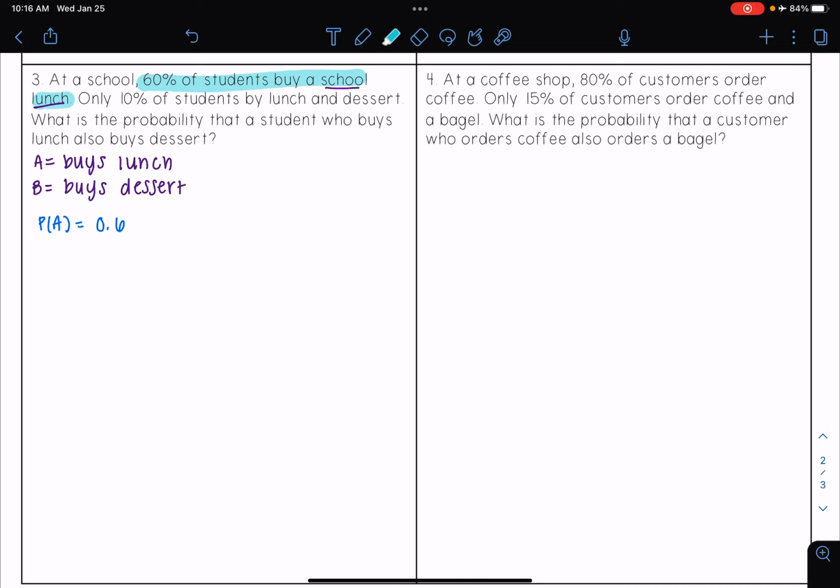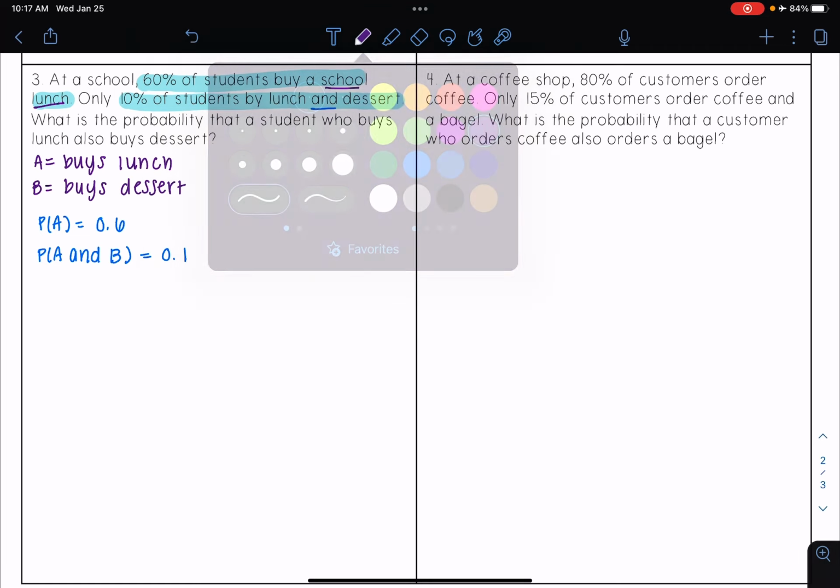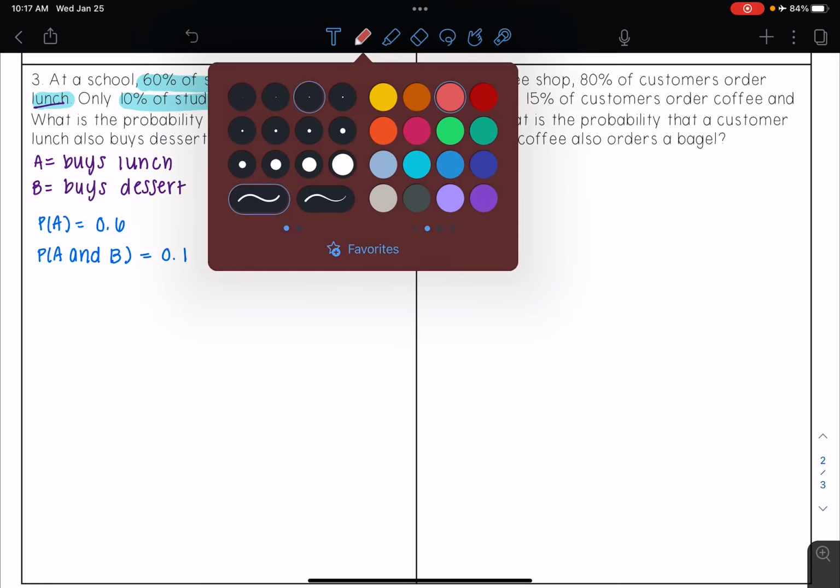I also have the probability that 10% of students buy lunch and dessert. So the probability of A and B is equal to 0.1. That's just the 10%. I move that decimal place 2 to the left to get 0.1. So using those values, I can go ahead and find my conditional probability.